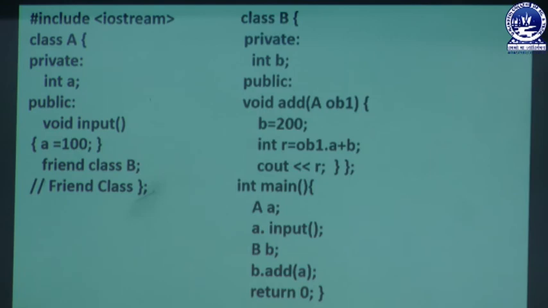When we call B dot add, the add method will be called and A, the object of class A, will be passed as an argument, and through the object of class A we are accessing the private member of the class. Here one line I have by mistake forgotten to write, that is the forward declaration of class B.